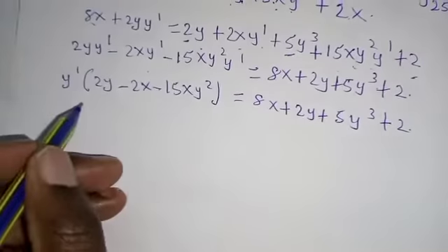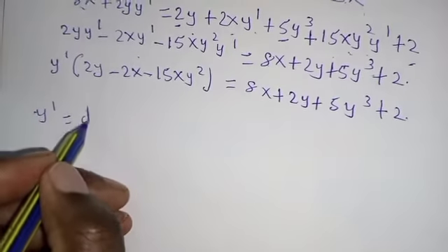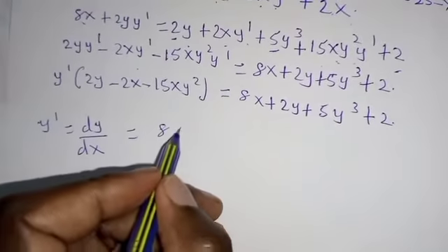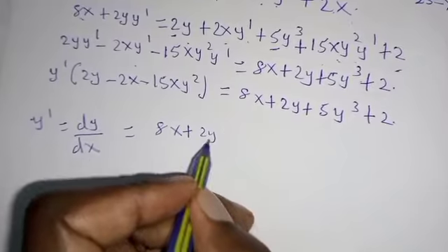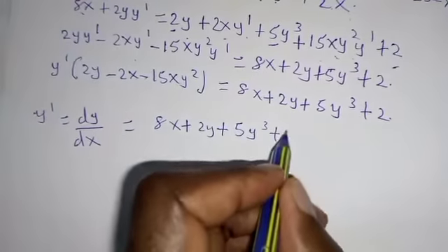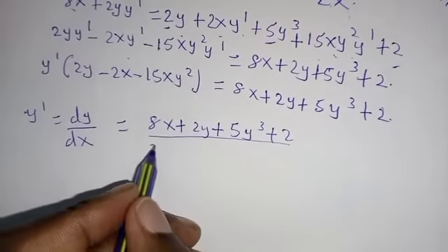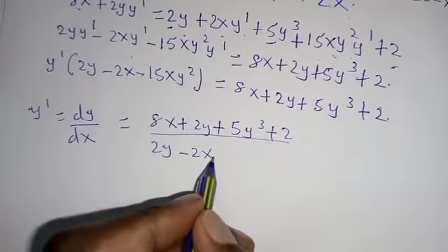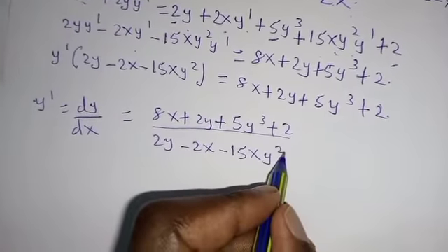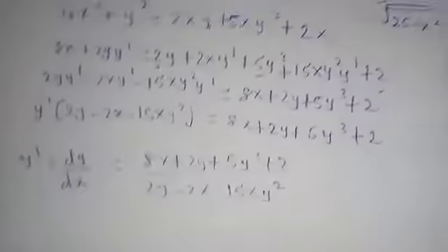Then the next thing, you divide both sides by whatever is in the bracket to be left with y prime, which is the same as dy over dx, is equal to 8x plus 2y plus 5y cubic plus 2x, this one. We divide this by 2y minus 2x minus 15x y squared.